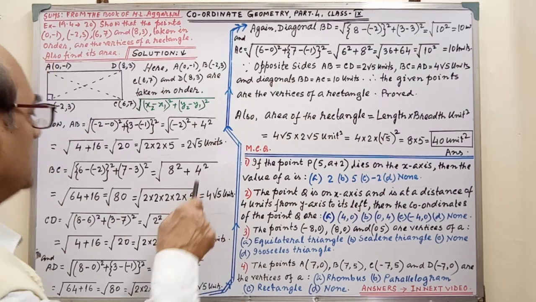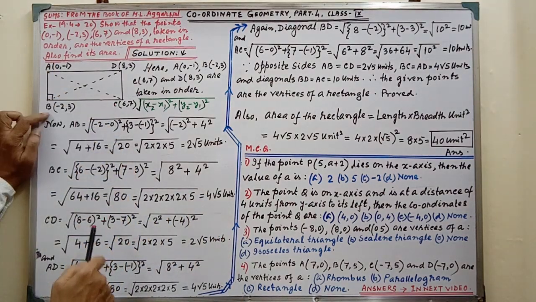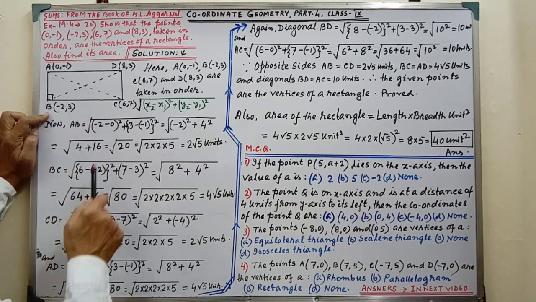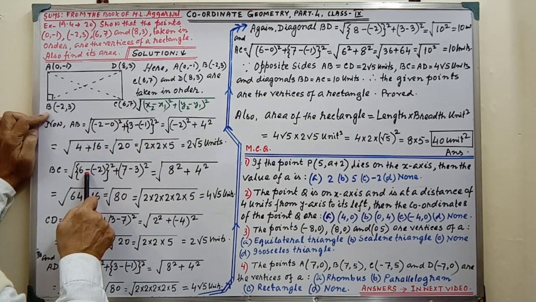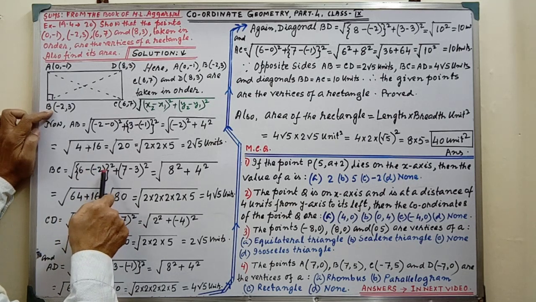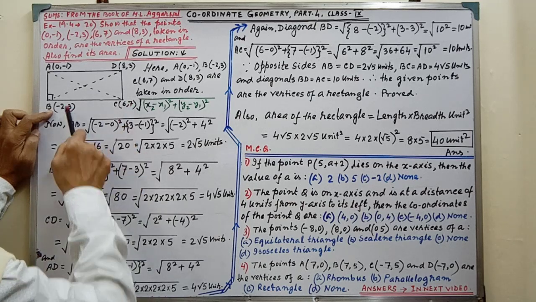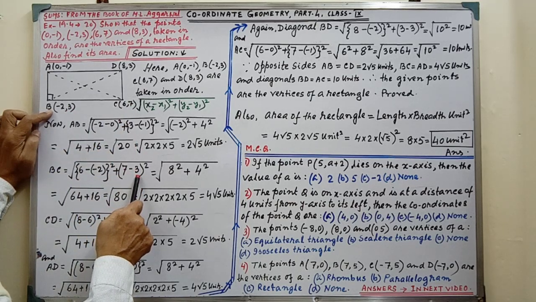In this way, the others. BC, that means this distance, 6 minus 2, here is minus, and from the formula here is minus, so after putting minus here, this minus 2 we have to put within the first bracket, then the second bracket, then whole square. Then 7 minus 3, that is y2 minus y1 whole square.